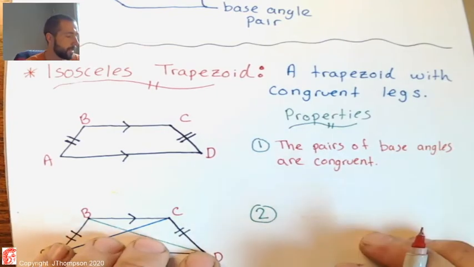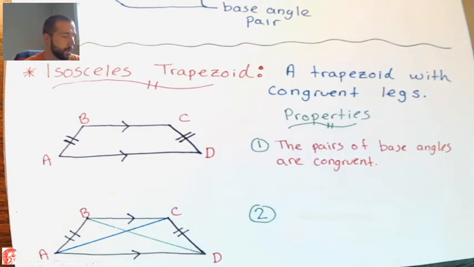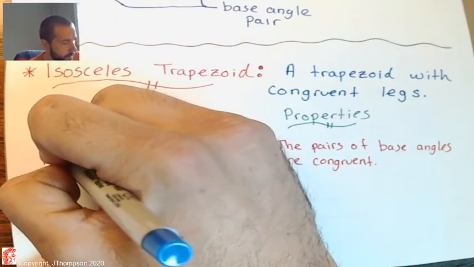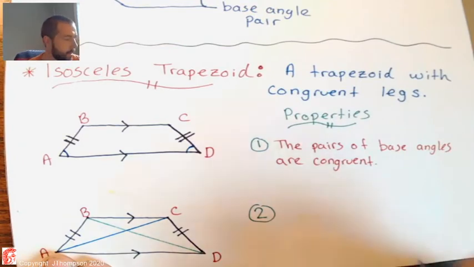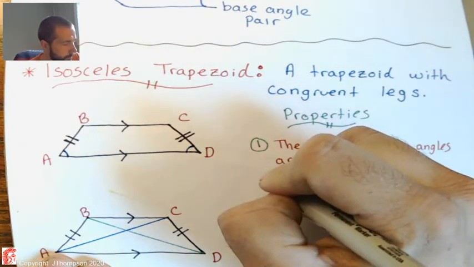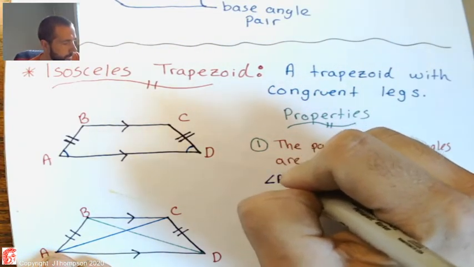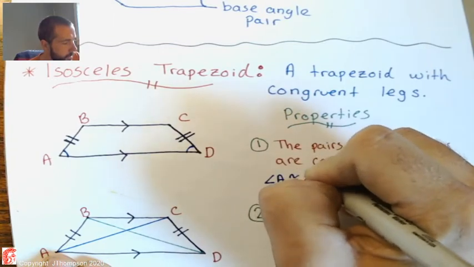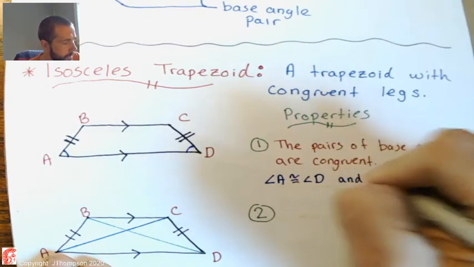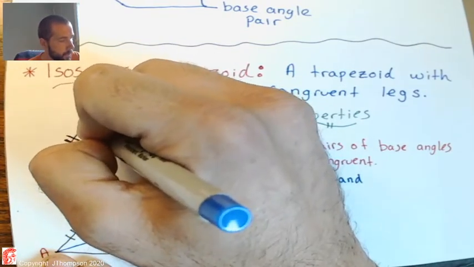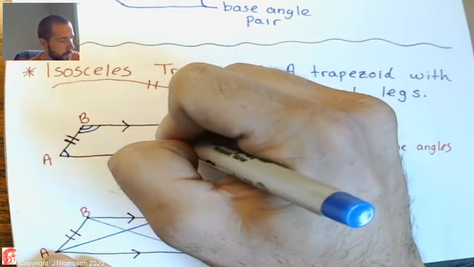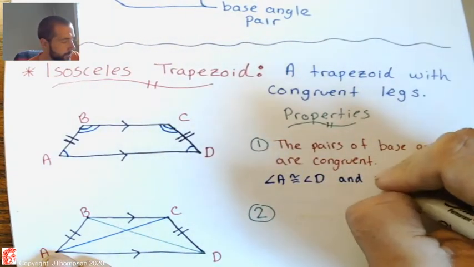So the pairs of base angles are angle A and D. Angle A and angle D are one pair of base angles, so they're congruent. So angle A is congruent to angle D. And the other pair of base angles would be angle B and angle C. So angle B would be congruent to angle C, only when it's an isosceles trapezoid.